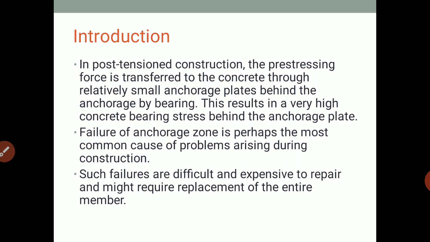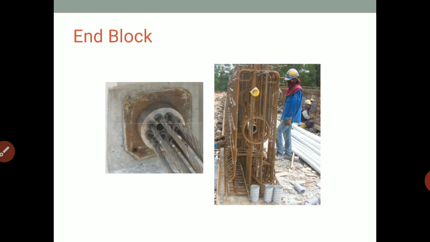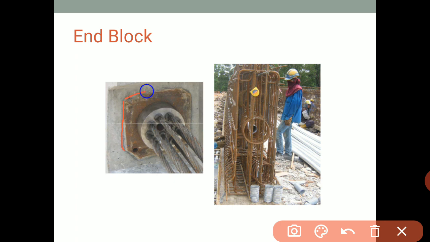Now what is an anchorage plate? We'll see one by one. Can you see this plate? This is the anchorage plate. We'll put this particular anchorage plate over here. In that anchorage plate we have our tendon part. We put our cables or tendons, and then we apply a calculated amount of pre-stress.